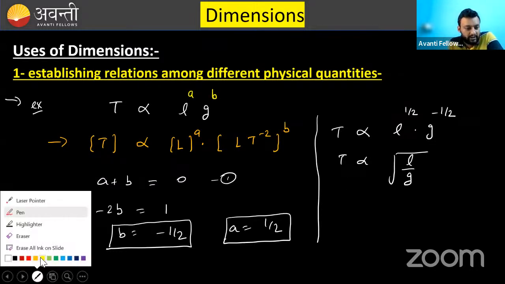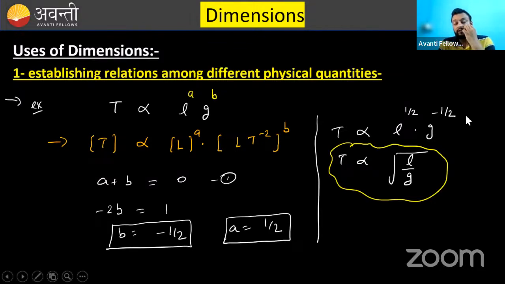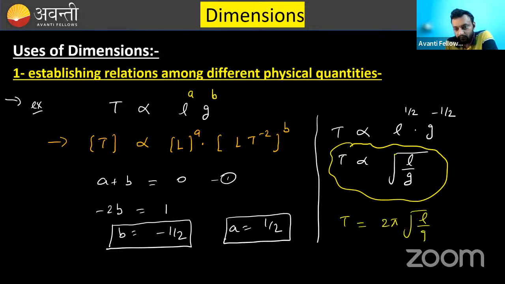The value of this proportionality constant we cannot determine using the dimensional method. So this is one of the drawbacks of the dimensional method, that you cannot determine the constants using it. So T is proportional to root L over G. I think everyone remembers that T is equal to 2 pi root L over G is the correct answer.